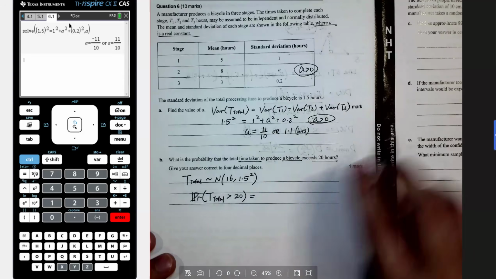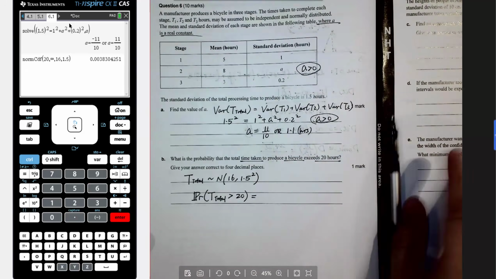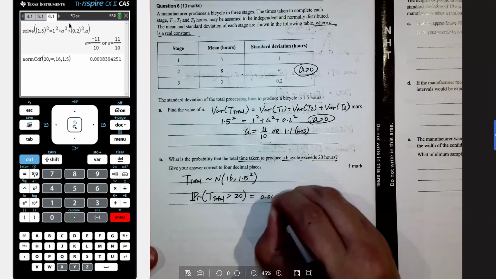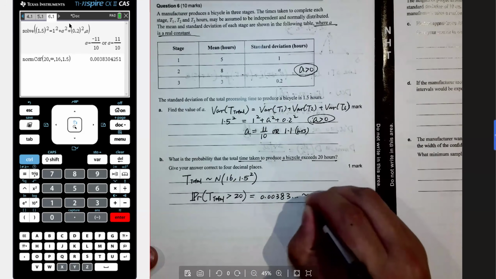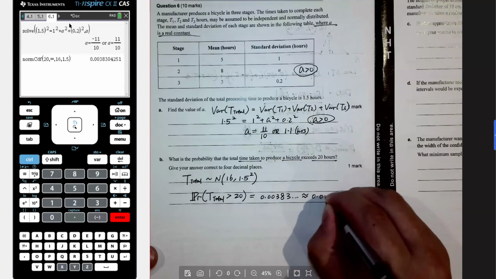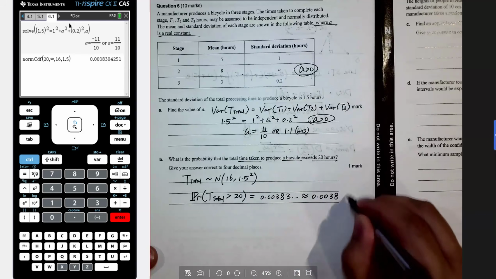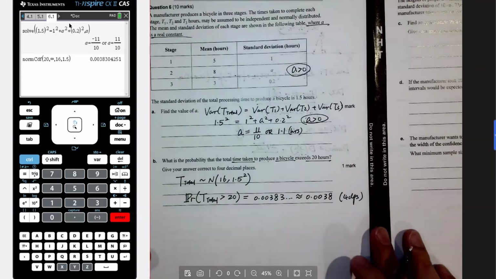I can use norm CDF. Sounds reasonable. 0.00383, so 0.0038 to four decimal places.